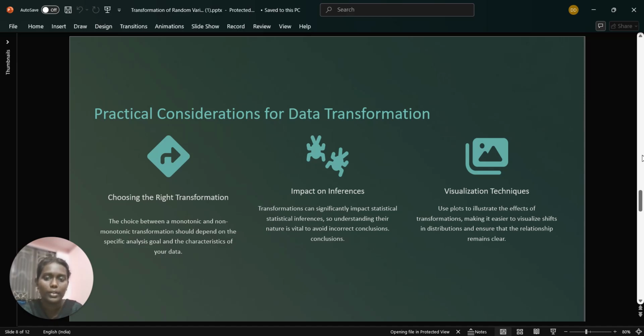Transformations can significantly impact statistical inferences, so understanding their nature is vital to avoid incorrect conclusions. In visualization techniques, we use plots to illustrate the effects of transformations, making it easier to see shifts in distributions and ensure that the relationship remains clear.